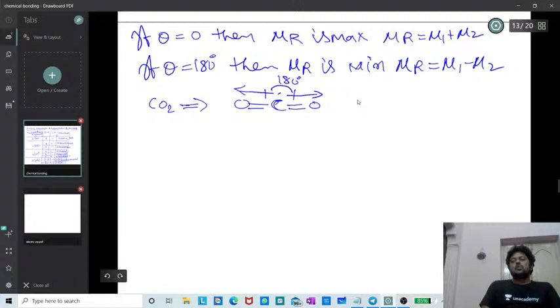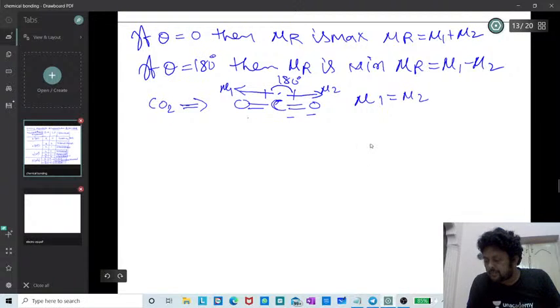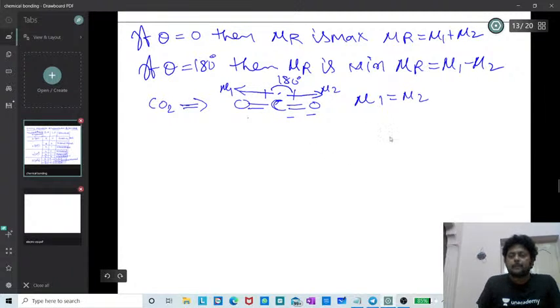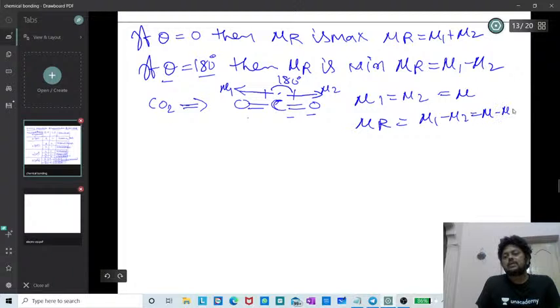Now mu r: here is the dipole vector of C=O, and here also the dipole vector of C=O. So both are mu1 and mu2, and both are equal. Mu1 is equal to mu2, which I take as mu. So the resultant, with theta equal to 180, is mu1 minus mu2, that is mu minus mu, which is equal to 0.